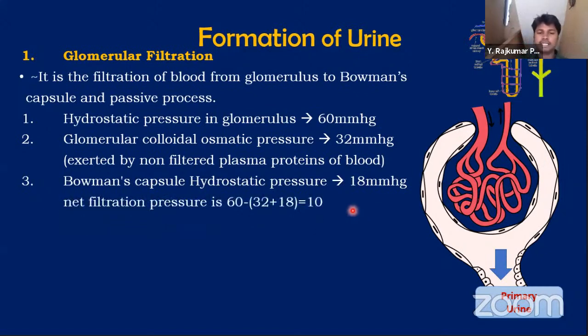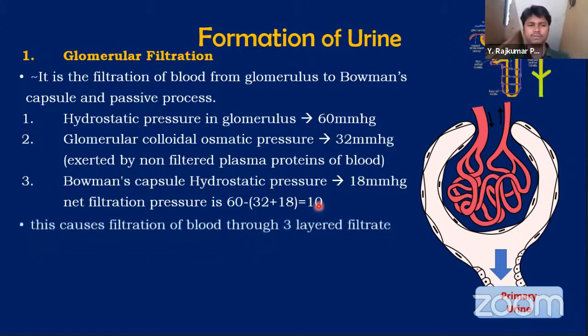So 60 mmHg is exerted by the blood, and around 50 mmHg is exerted by the Bowman's capsule. Both are working in opposition, and that's why we are subtracting 32 and 18 from 60. So the net pressure is around 10 mmHg, which is working on the glomerular filtration.